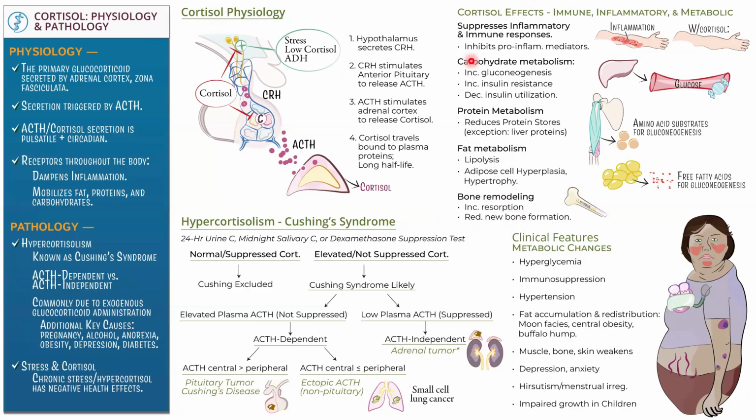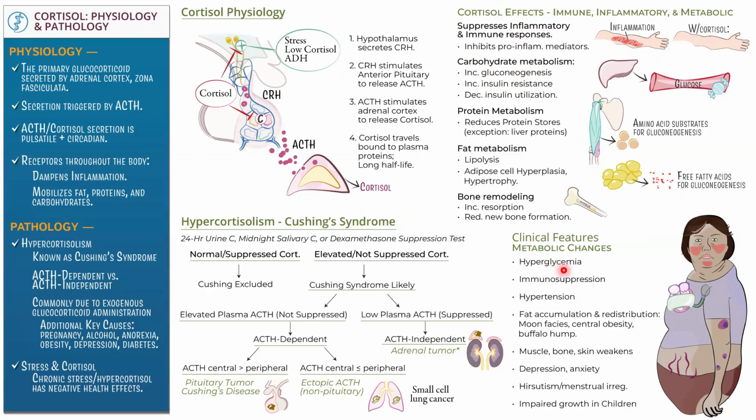So what will be now features of hypercortisolism? And this hypercortisolism is what is known as Cushing syndrome. And the person will have features as shown by this. So the features will be: one, hyperglycemia. Why? Because of increased gluconeogenesis and increased insulin resistance.